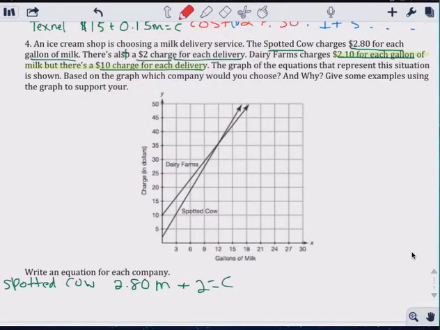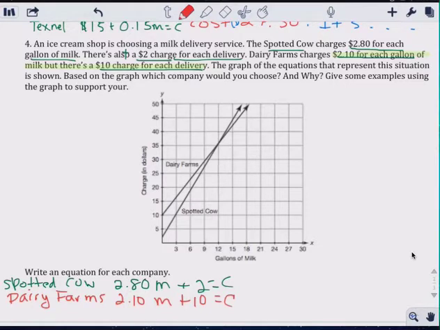And this is the Dairy Cow Farm. They charge $2.10 per gallon of milk plus a $10 service charge. You figure out how much milk you want plus the delivery, you find the total costs.